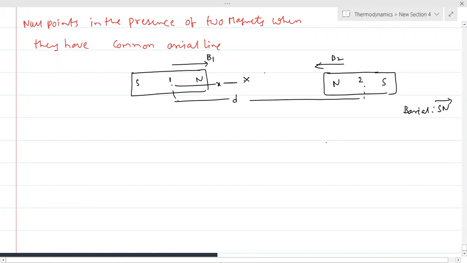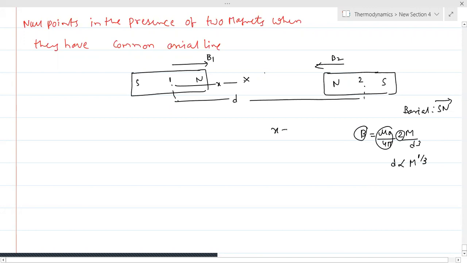So according to our shortcut, we need to analyze B. B equals B axial, which is mu naught by 4 pi into 2m by d cubed. At the null point B is the same, mu naught by 4 pi, everything is the same. So now the distance equation will be in the form of m to the power 1 by 3.